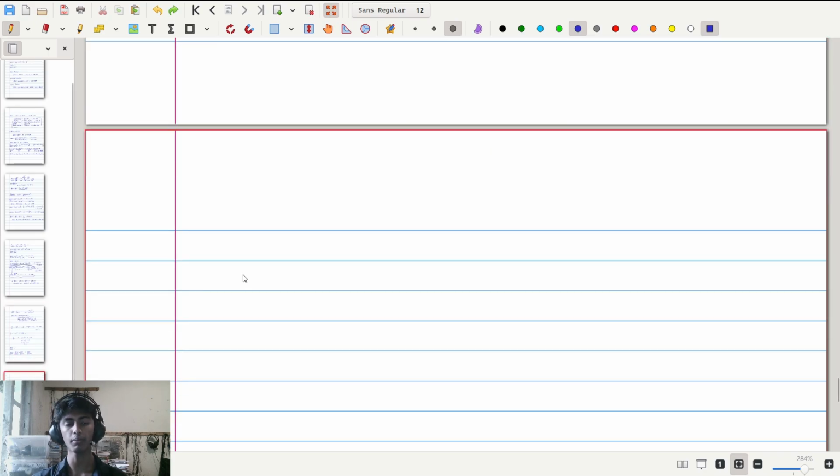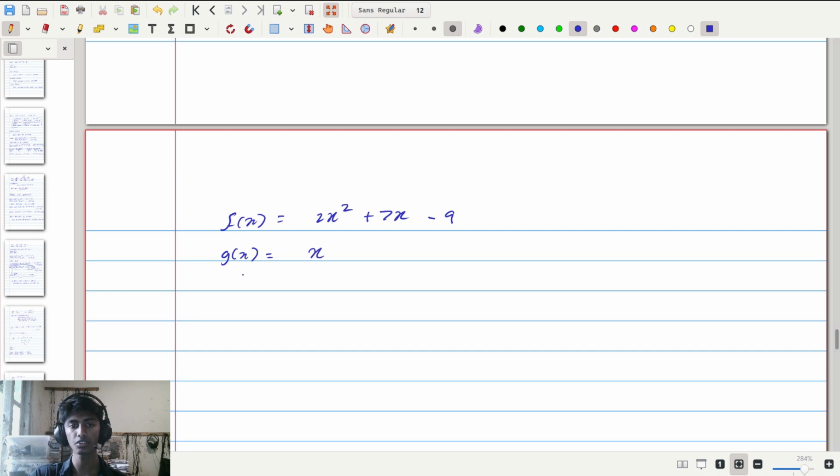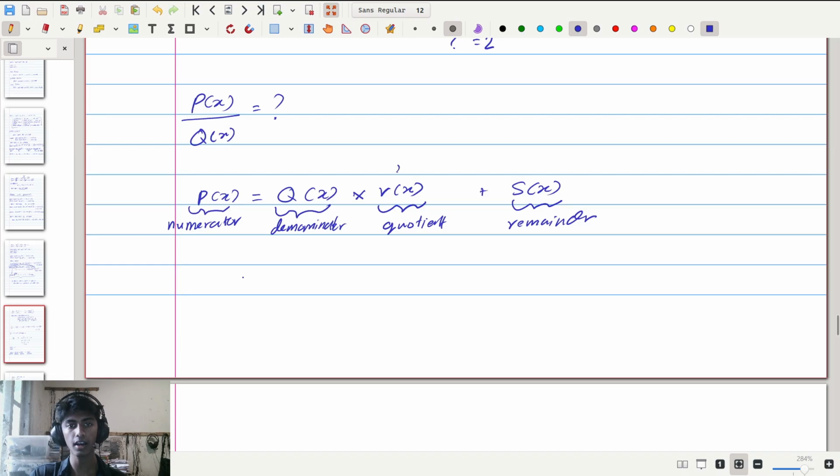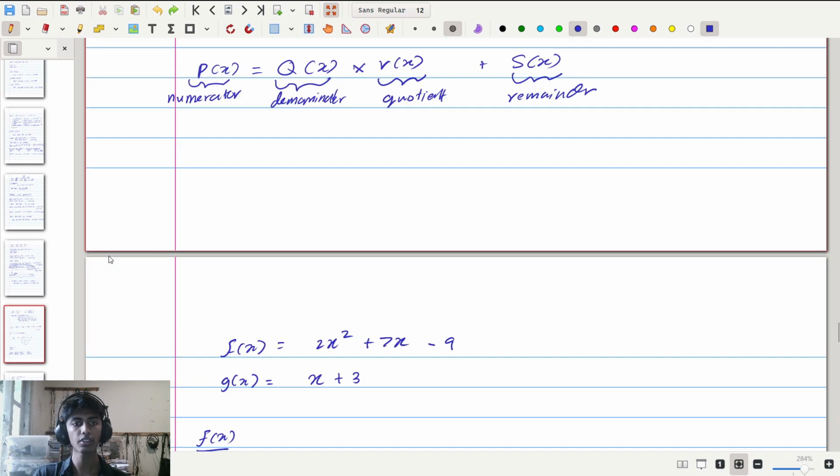So let's take some examples. Let's say that f(x) is equal to 2x squared plus 7x minus 9, and that g(x) is equal to x plus 3. If we want to find f(x) divided by g(x), what we essentially want is what are the polynomial functions r(x) and s(x) such that f(x) is equal to g(x) times r(x) plus s(x).